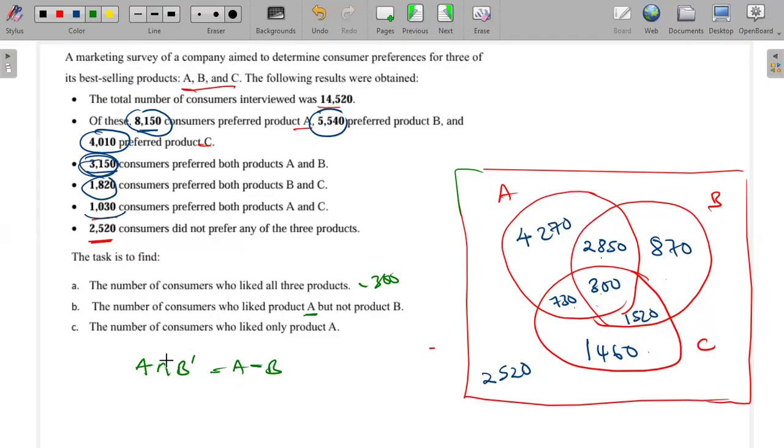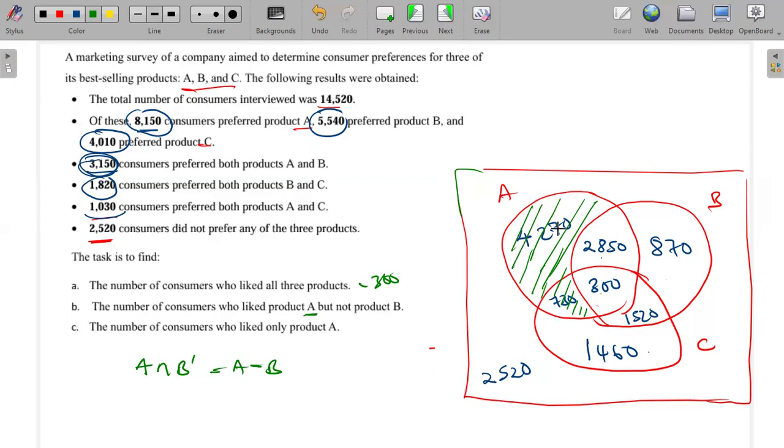It means we have a complement where B is, meaning we're not touching that part. So those that like product A and not B will sit in that set there, like that. So this is what you're going to get.